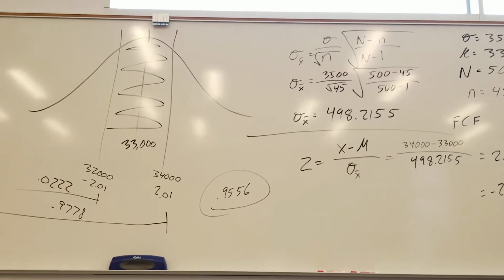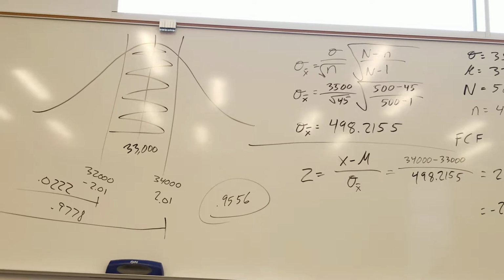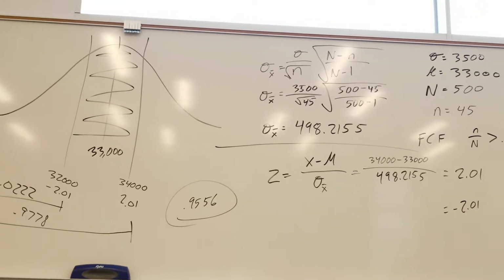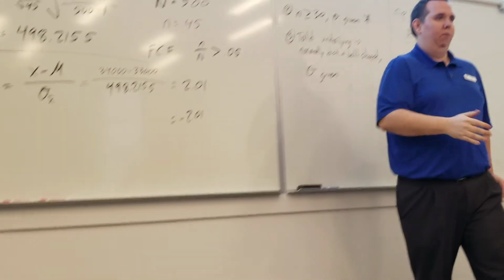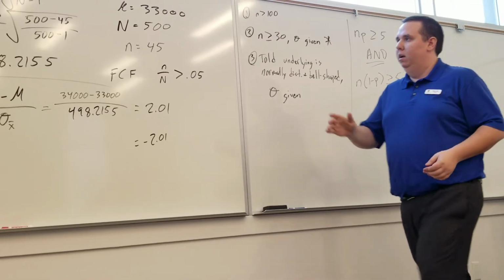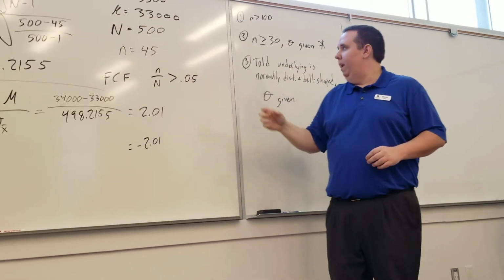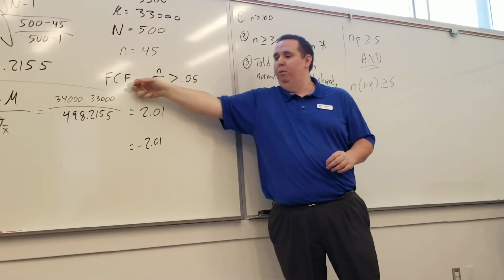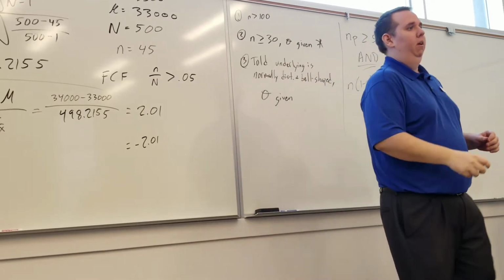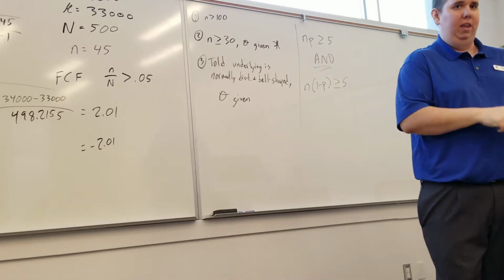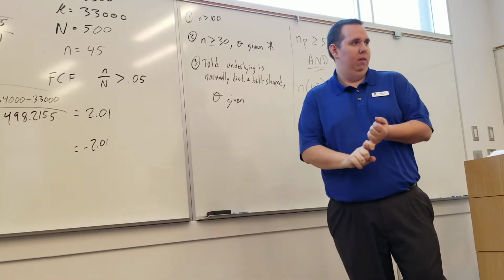If you don't show this work though, she has no idea where you got your numbers from and can't give you any points. So make sure that you are writing down the formulas, writing down all the pieces, writing down your proof for the finite correction factor. Make sure you're writing all that stuff down so that way she can give you extra points.